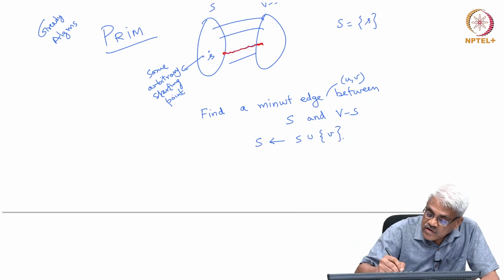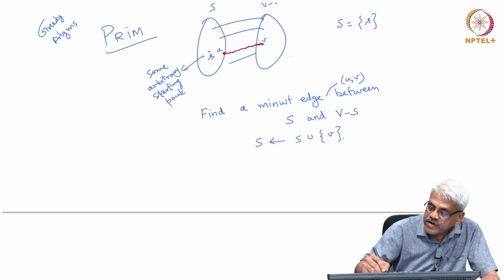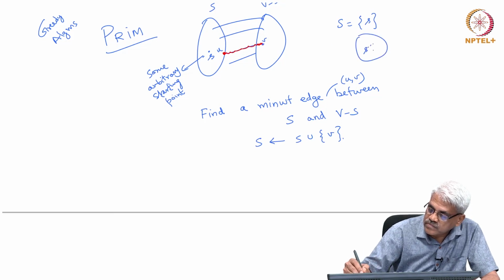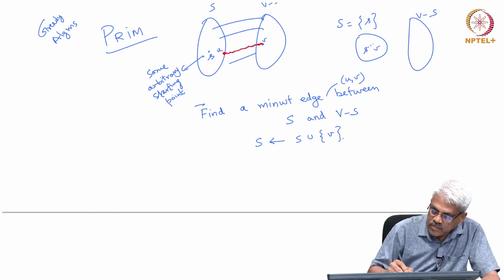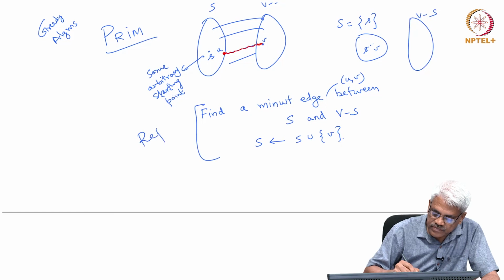So, that means this vertex is now added to capital S. Repeat, that is it.